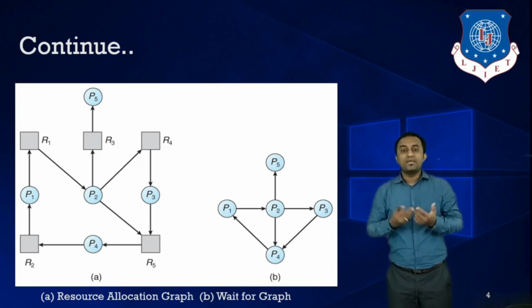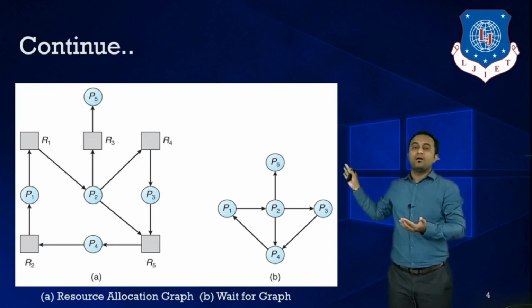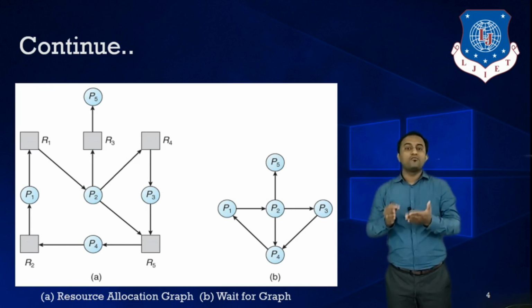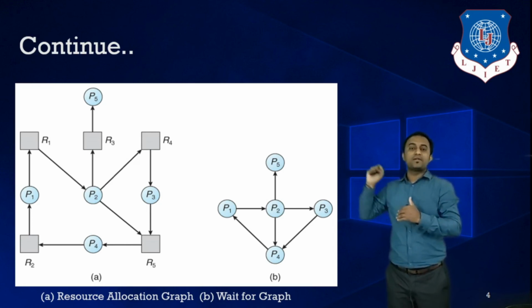Same way, P3 is requesting R5, but R5 is already acquired by P4, so P3 is waiting for P4. Same way, P4 is requesting resource R2, but R2 is already acquired by P1. So P4 is waiting for P1, and you can construct it accordingly.